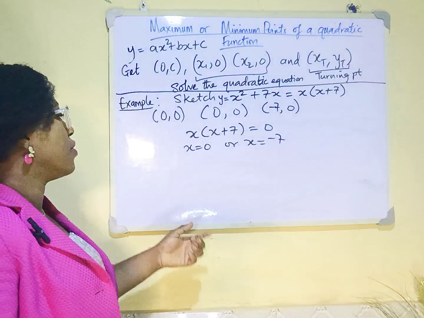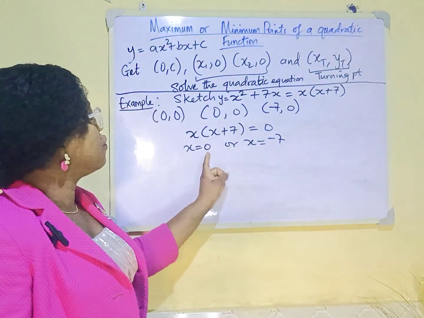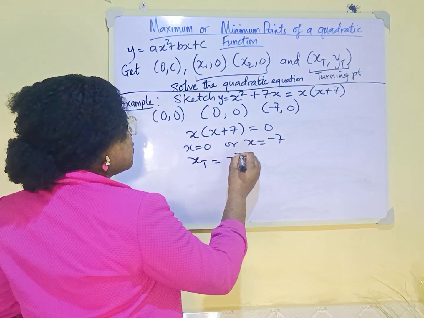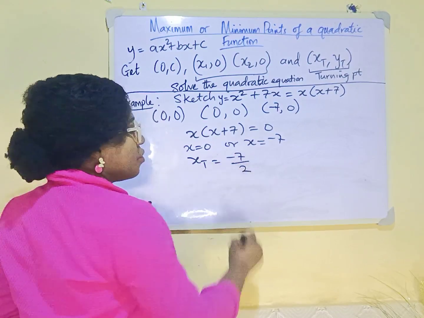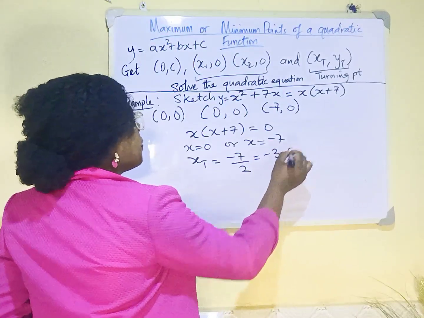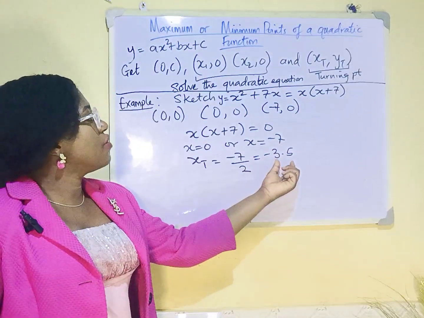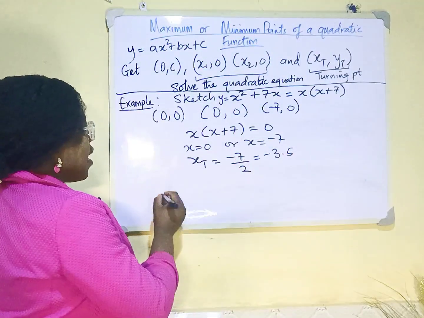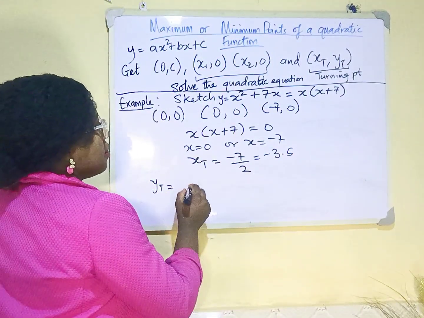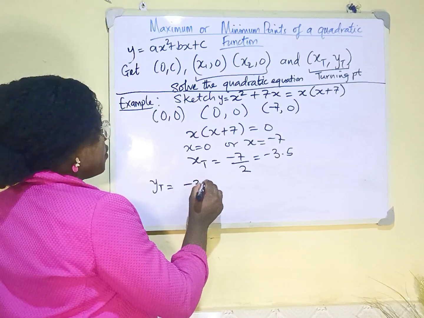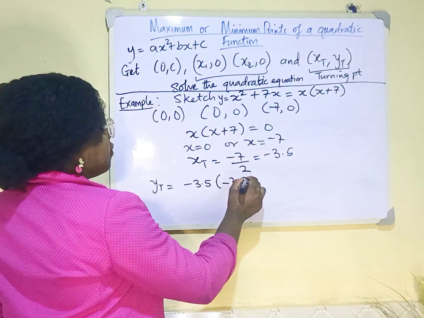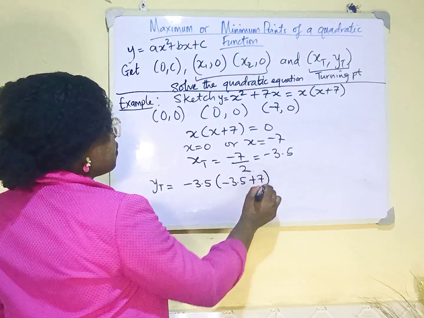Next, we get our turning point. If we get the average of these two values, we get that xt is -7/2. Okay, that is minus 3.5. And then we input this value into this. What we have is yt is going to give me minus 3.5 times minus 3.5 plus 7.